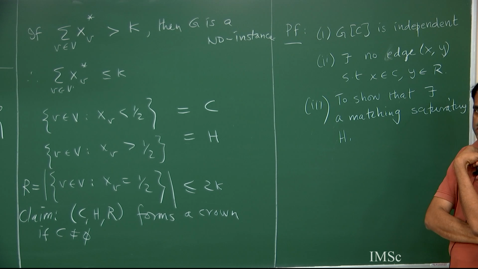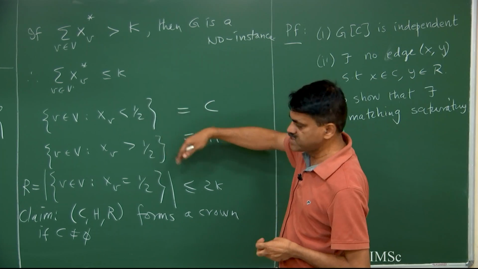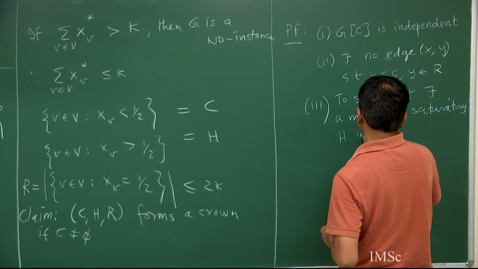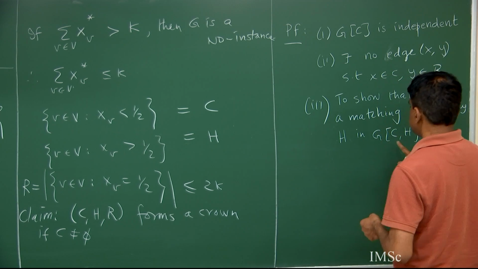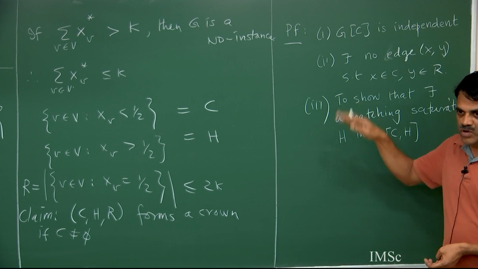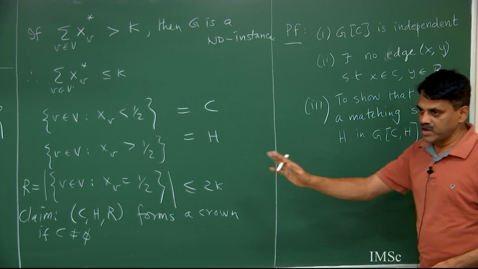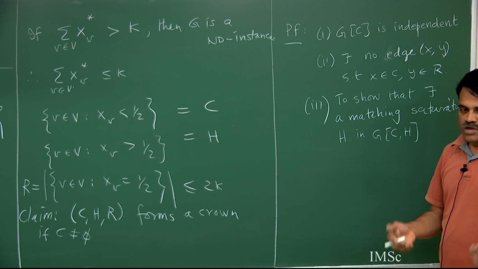So I will use Hall's theorem to show this. Okay, so look at this bipartite graph, the graph between C and H. In this graph, C and H are two parts, and you are looking at only the edges across, right? Note that H is not necessarily independent, so there may be edges, but those edges I am not looking at to claim my matching.